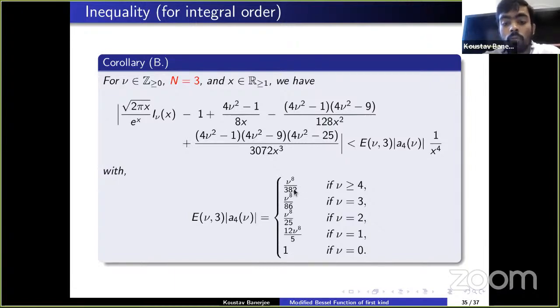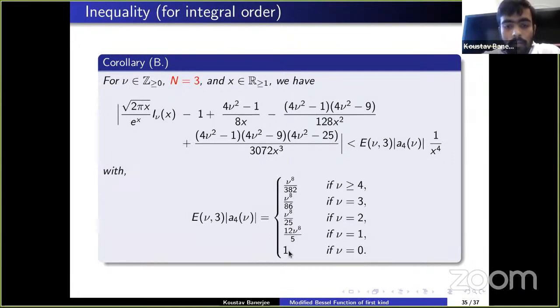The actual thing would be nu to the power 8 by 384. For nu equal to 3, nu equal to 2, nu equal to 1 and nu equal to 0, we get a lot less, because of these factors, square root of n log n. This prevents getting to the 384. It's nu to the power 8 by 86, nu to the power 8 by 25, 12 nu to the power 8 by 5, and this one.